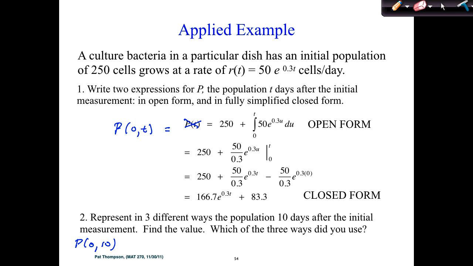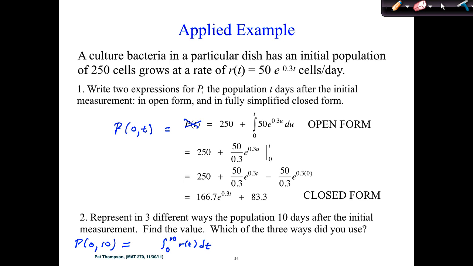All right. Equals, what's another way to express the population at 10 days? Sarah? The integral from 0 to 10 of the rate of change of t times dx. Does that get us the population at 10 days? Almost.